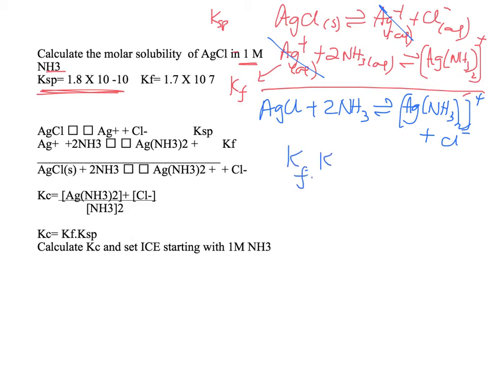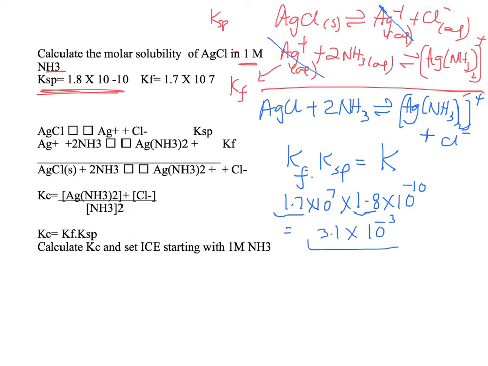So Kf times Ksp should be equal to the K for this desired reaction. So 1.7 times 10 to the power of 7 times 1.8 times 10 to the power of negative 10, and these two when multiplied give you 3.1 times 10 to the negative 3 as your answer.